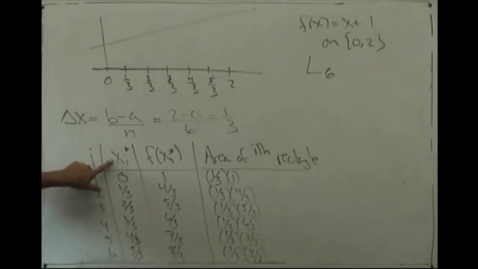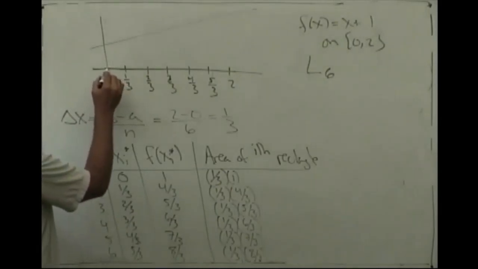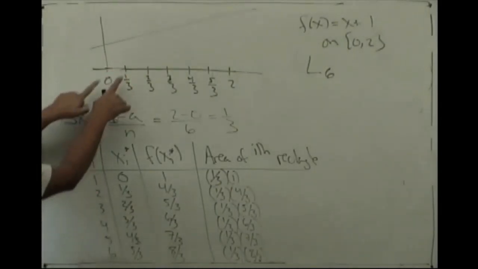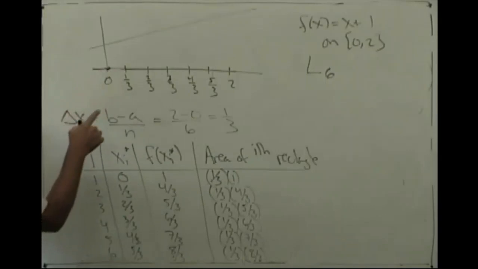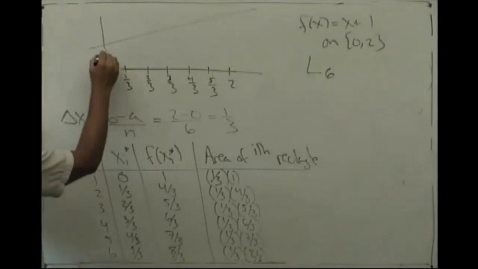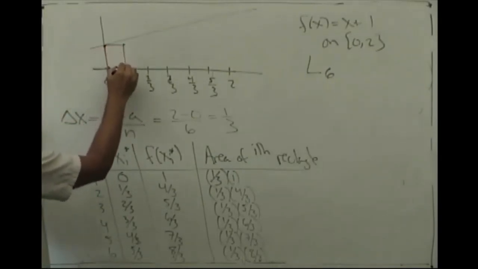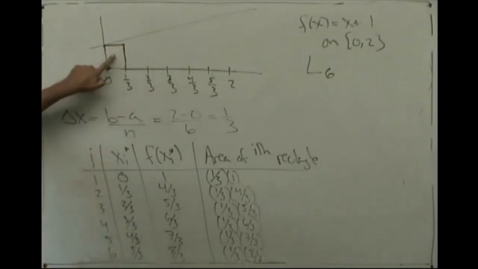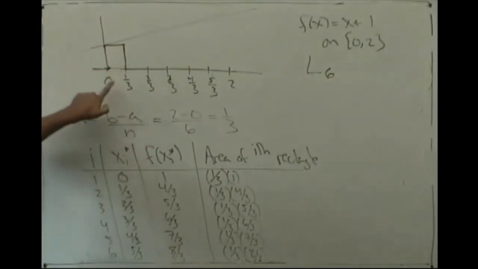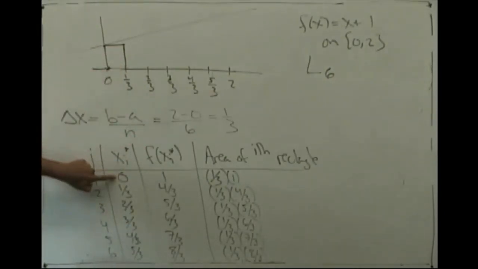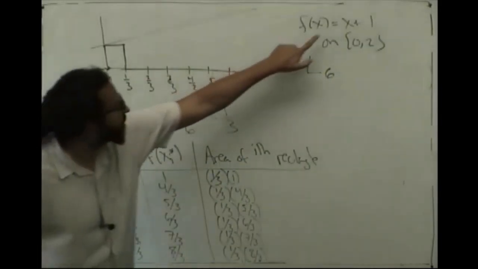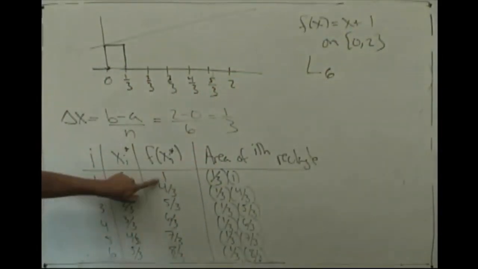So now, instead of the right endpoint, I'm going to choose the left endpoint. So for my first rectangle, I'm going to use the left endpoint of the first subinterval, and that's going to give me the height of my first rectangle. So when I plug 0 into the function, I'm just going to get a 1. So that's how I got this one.